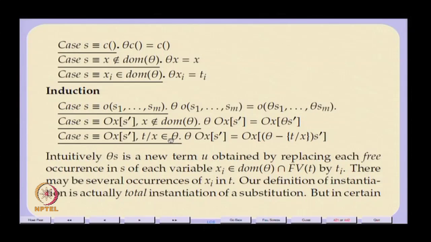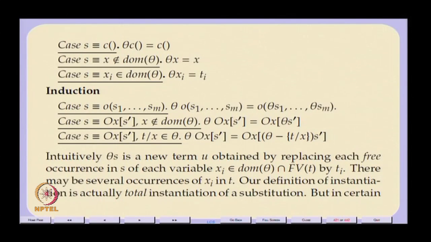What I am saying is, if x belongs to the domain of theta, that means in theta there is a replacement for x by a term t, and I am applying this theta to a binding term of the form some operator x s prime, then clearly this x in the binding is different from the x mentioned in theta, and therefore the bound x throughout does not change in any way.